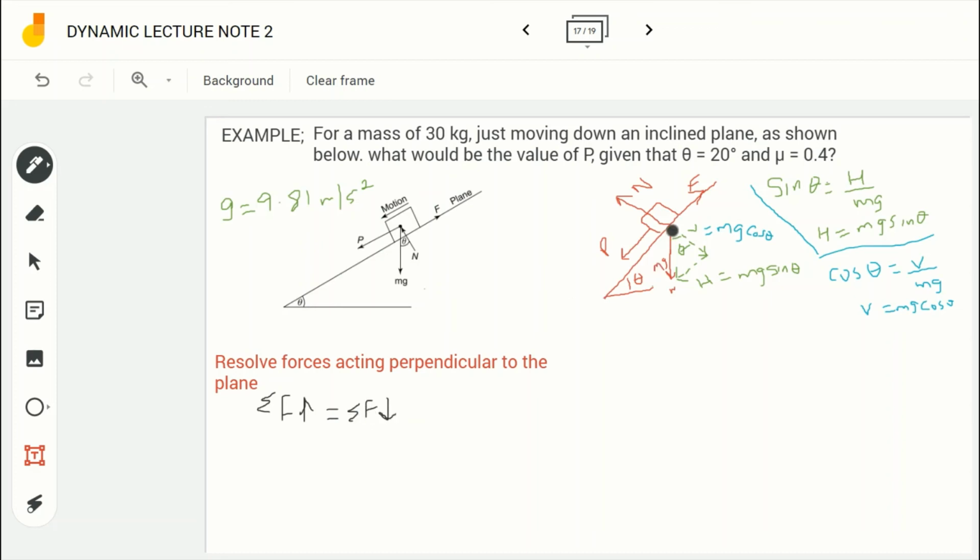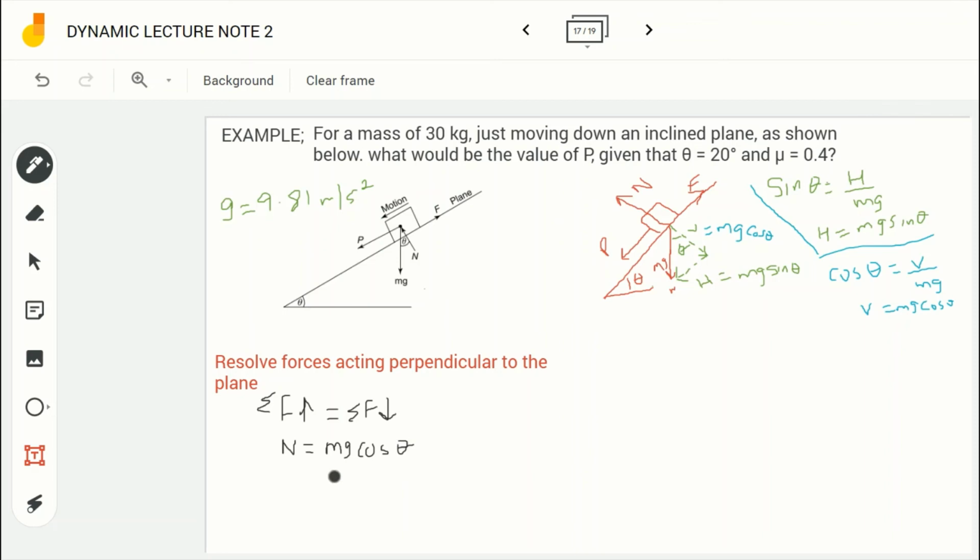As you can see right here, I have my N going up, and my V going down. So the force going up, my N, is equal to the force going down, my V, and my V is mg cos theta.